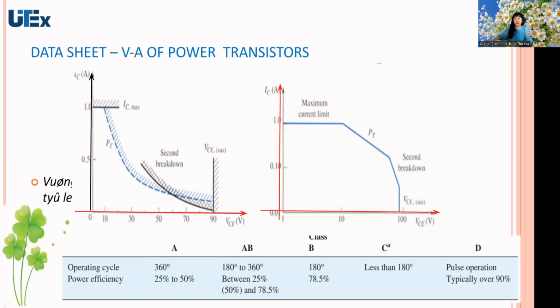The area in this data sheet tells you about the second breakdown area. This area means you cannot choose the key point there.